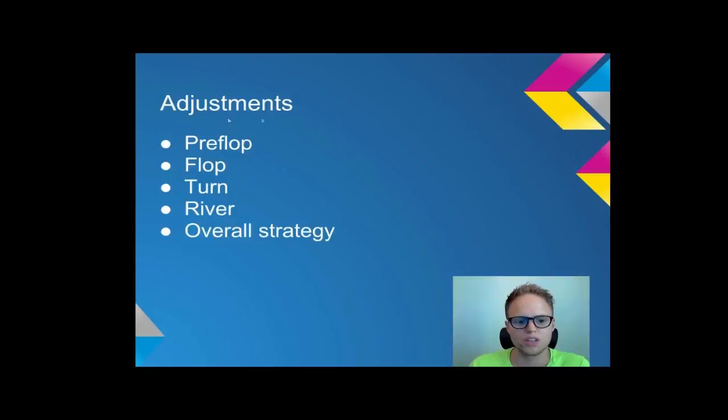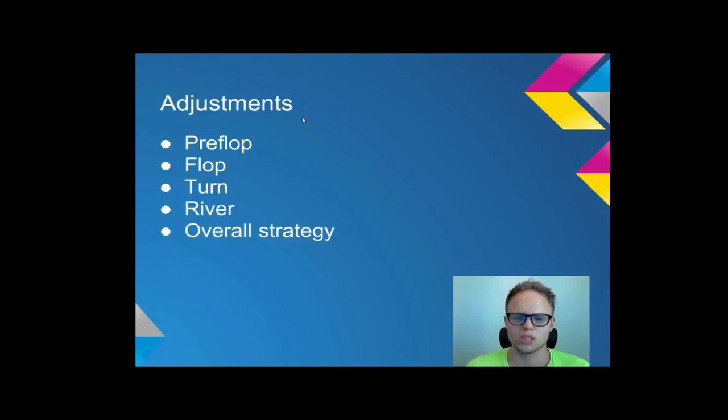So the adjustments that we make are not necessarily on every street, and it's not necessarily on one street. It can be any street, it can be all the streets. So it's important to not fall in the trap of, oh, he's so bluffy, so now I'm going to call him down on flop, turn and river as soon as I have top 2 pair.